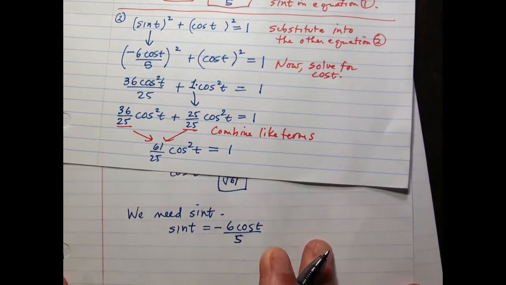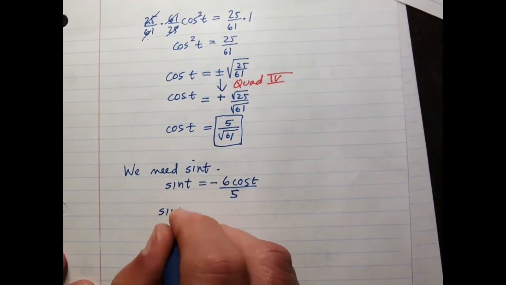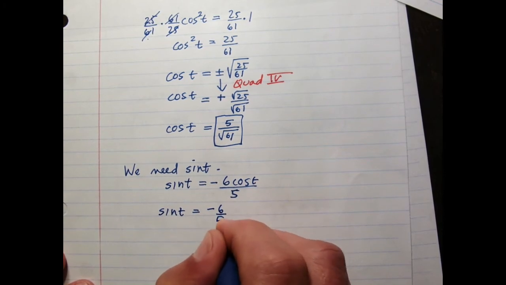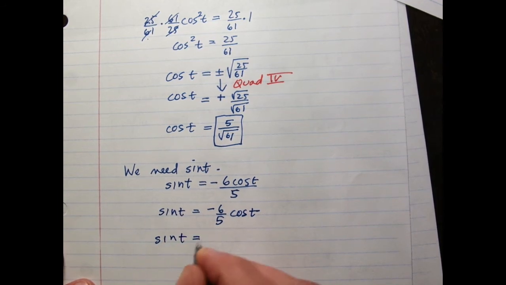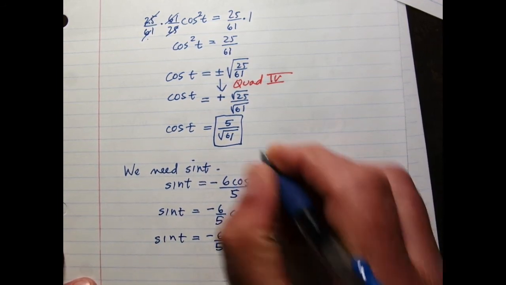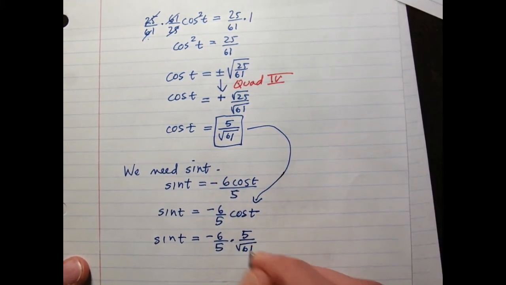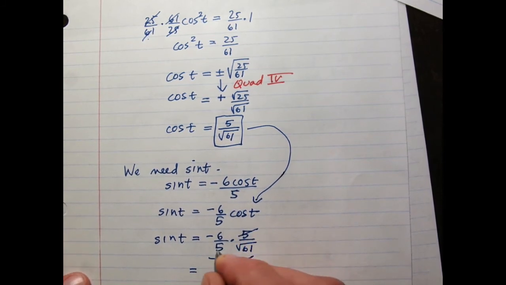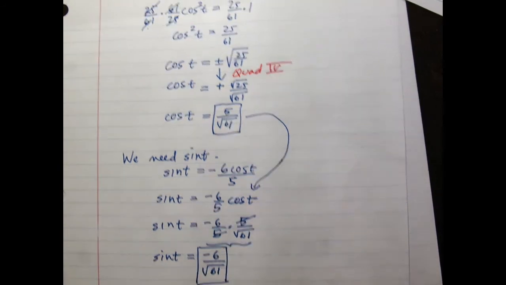Which, of course, I can write as sine t is negative 6/5 cosine t, which is equivalent. That's kind of convenient because then I can plug in this fraction, 5 over the square root of 61, and multiply those fractions. The 5's will cancel. So sine t is negative 6 over the square root of 61. And notice how sine here automatically comes out to be negative. That's taken care of. We didn't have to fix it.